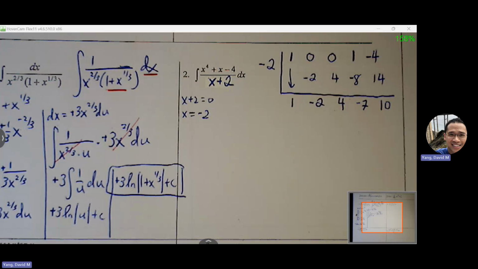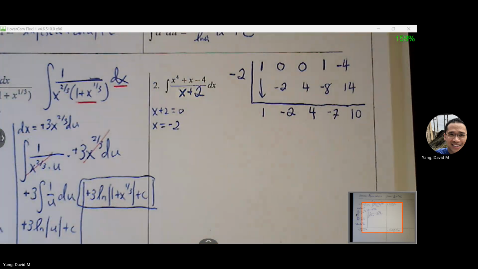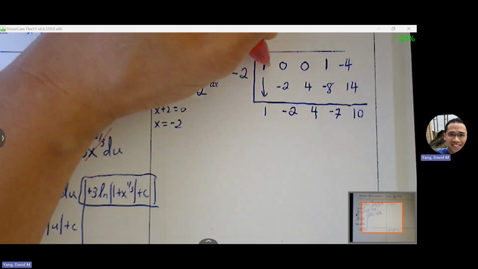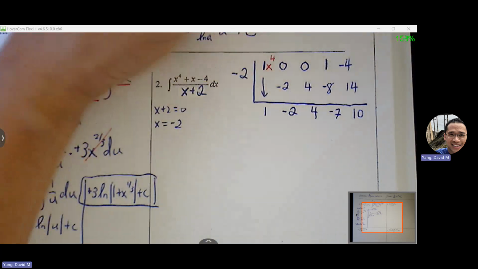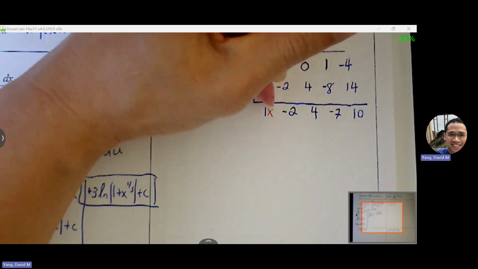Okay, check my work. Is that what you guys got? You're dividing by x plus 2, so you're starting off with x to the fourth, but now you're going to begin at x cubed.